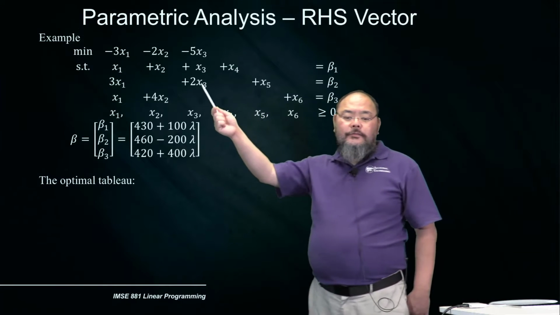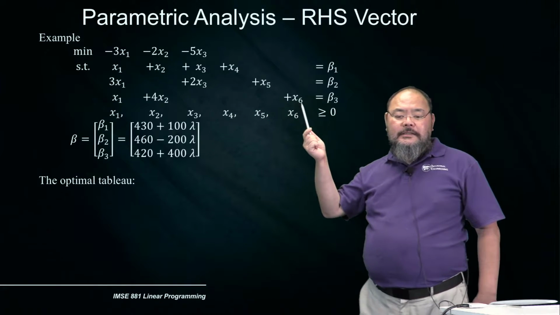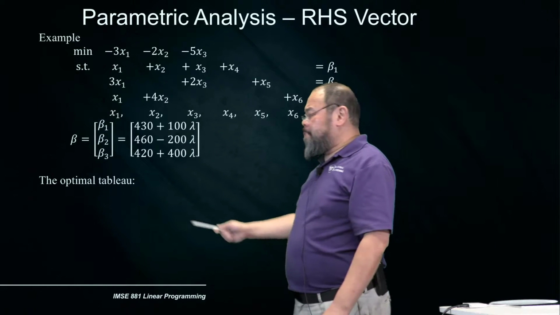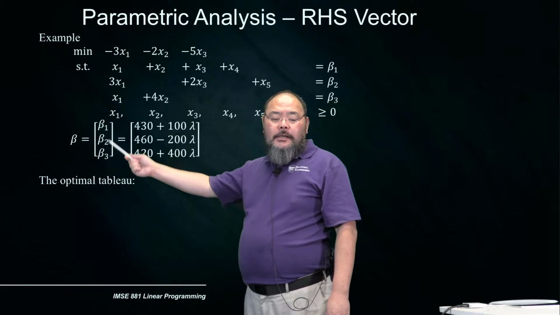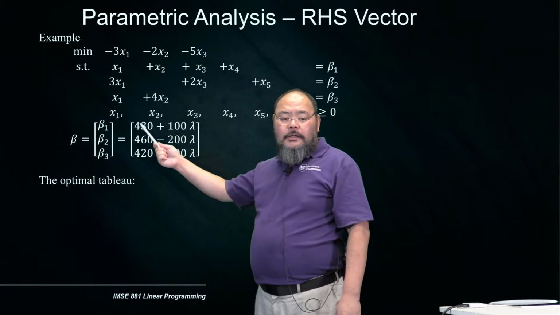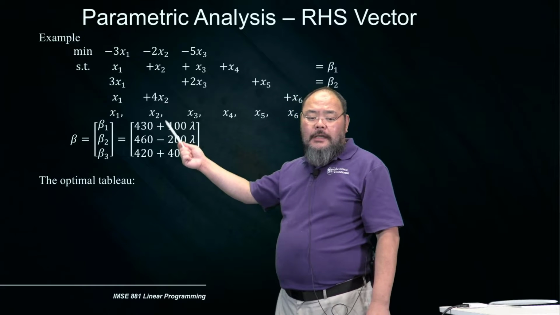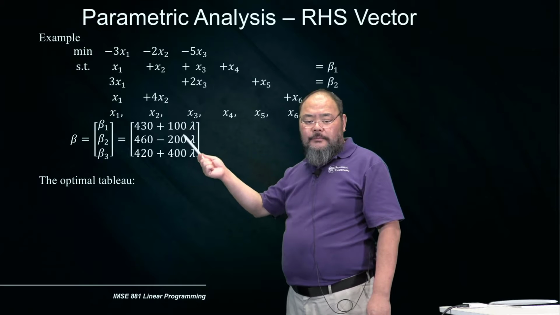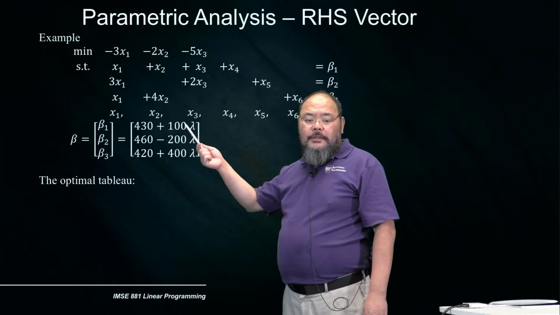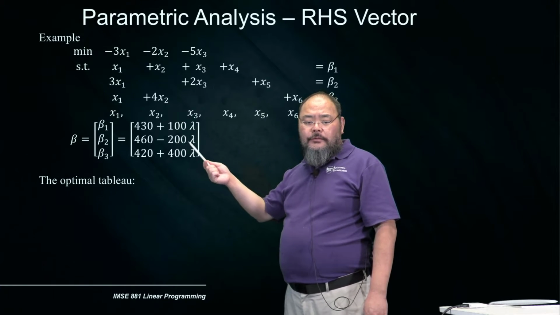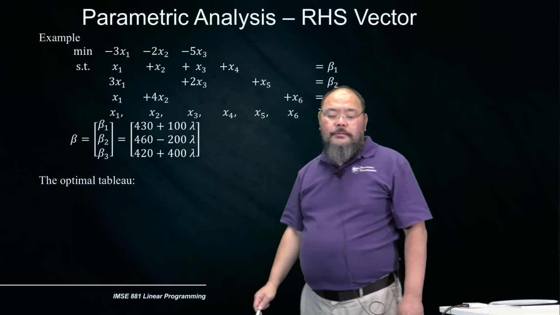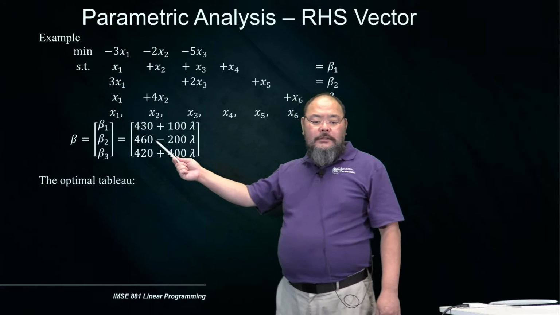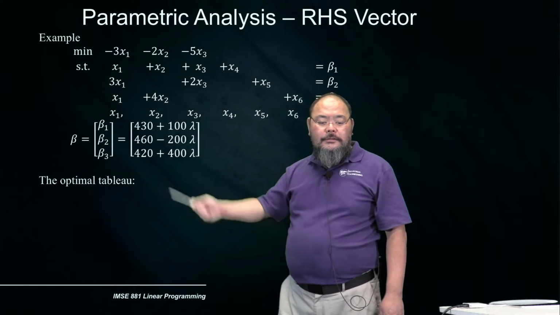So x4, x5 and x6 are slack variables. We assume beta, the new right-hand side, equals the original right-hand side plus lambda times a perturbation vector, which is 100, negative 200, and positive 400. The 430, the 460, the 420 are the original right-hand side.